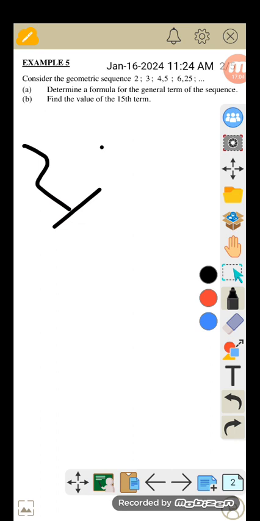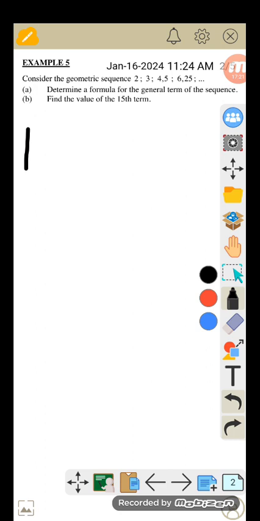So if I want term number 15, I shall do the same. Where I see n, I'm going to put 15, like this, guys. Let me show you an example.